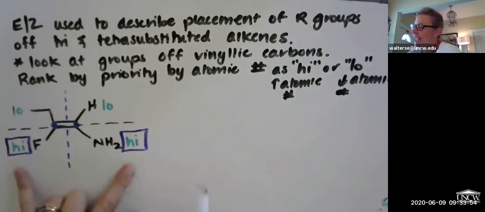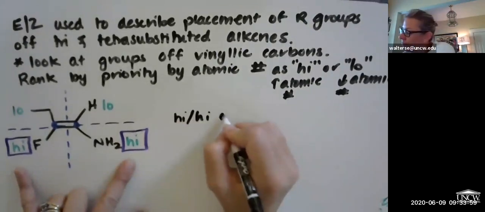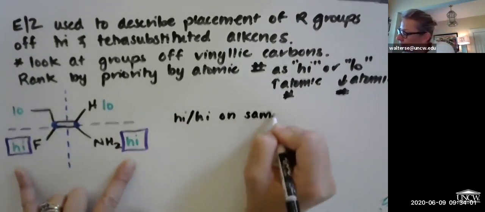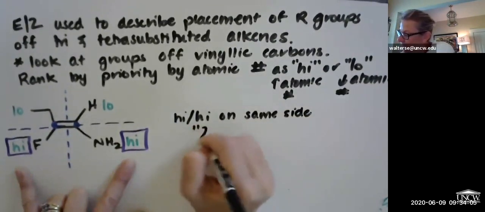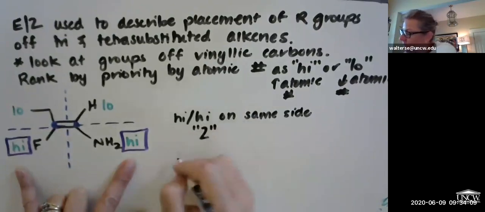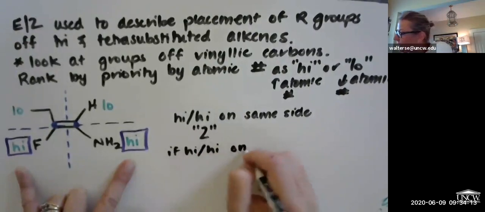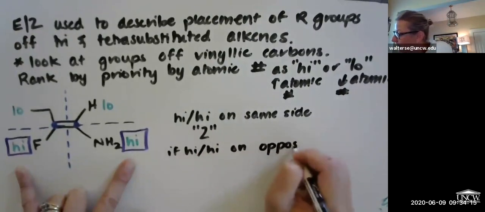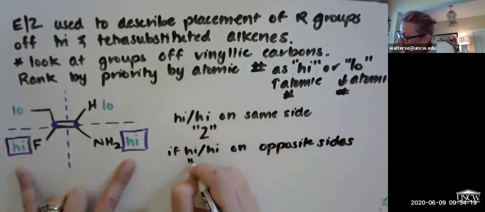In this case, high and high are on the same side. Okay, so that's given Z. If high and high were on opposite sides, it's E.